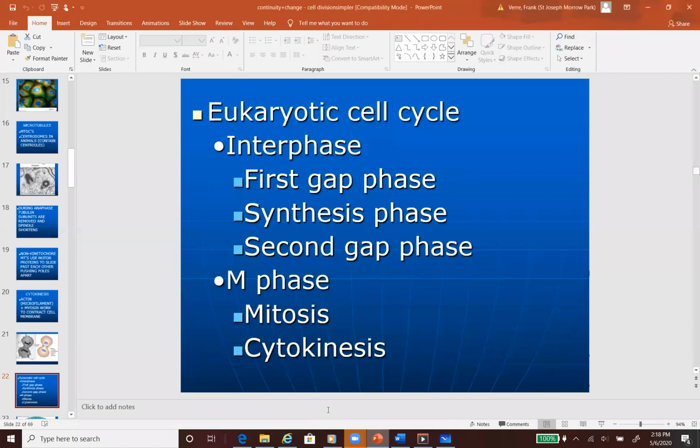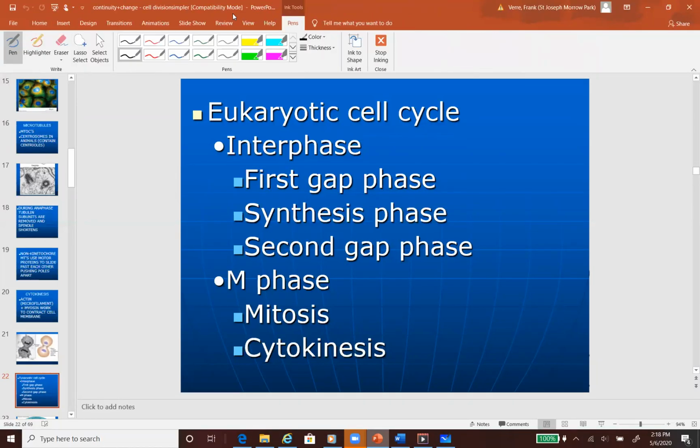Okay, but if a cell is going to divide, it's going to have to prepare itself for division. So there are two phases that we want to look at. One is a preparatory phase, where it's going to prepare itself for division. And that's interphase.